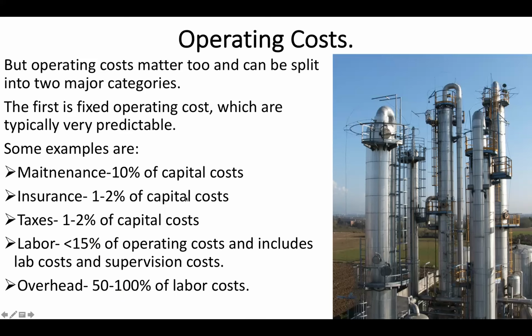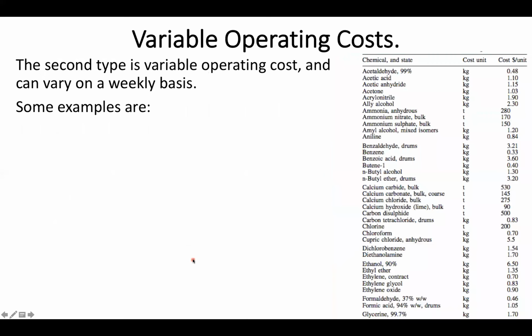However, while these are things you can annually budget for, one of the biggest banes of a chemical plant is going to be the variable operating costs. So these are things I can't predict. And one of the biggest things you have to watch out for are raw materials.